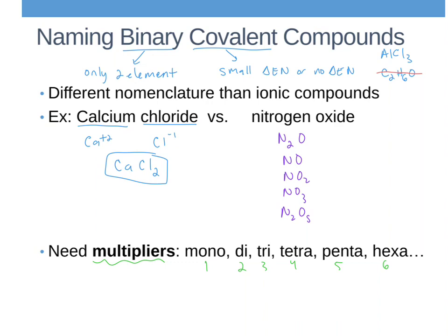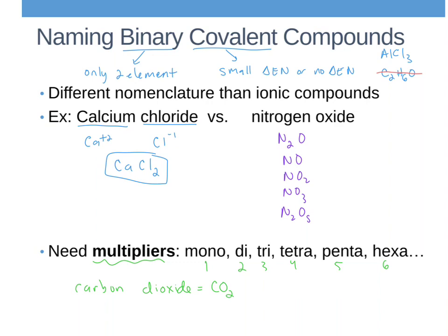You've heard these multipliers before, even if you've never taken chemistry. Almost everyone has heard of carbon dioxide, a real hot topic right now, greenhouse gas, climate change. You probably know that carbon dioxide is CO2: a carbon and 2 oxygens.